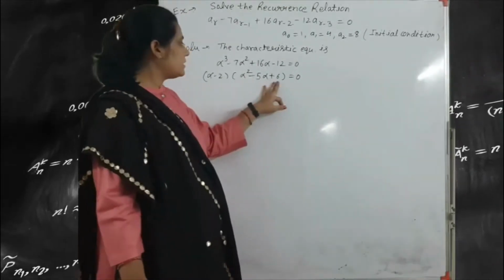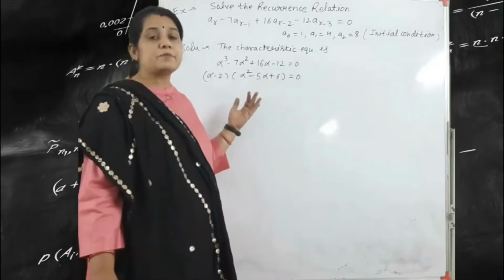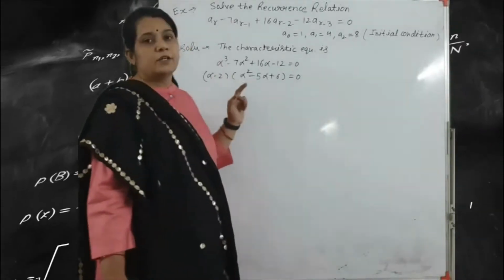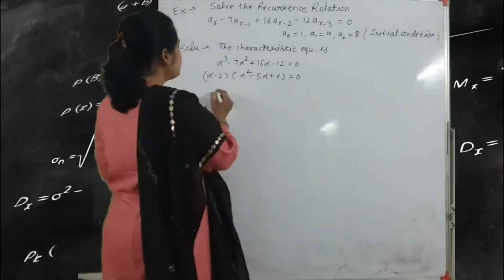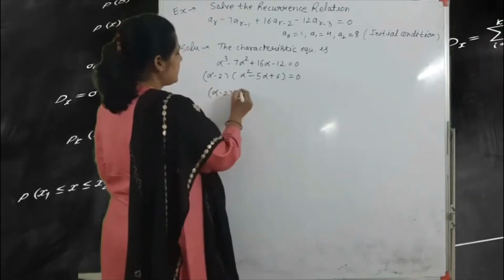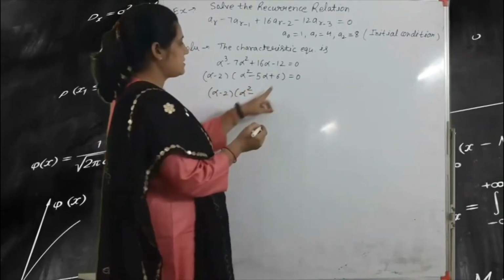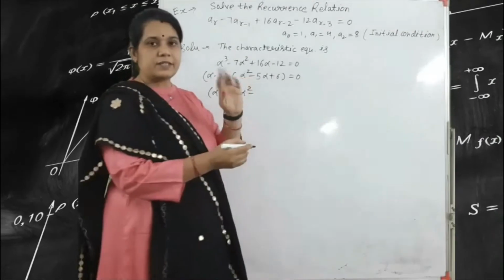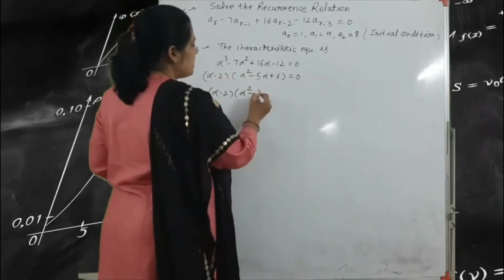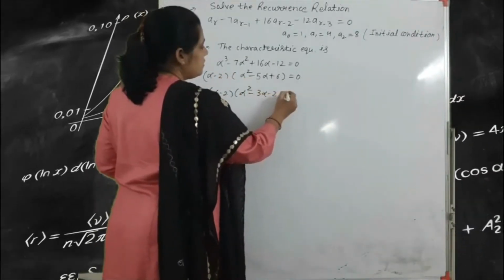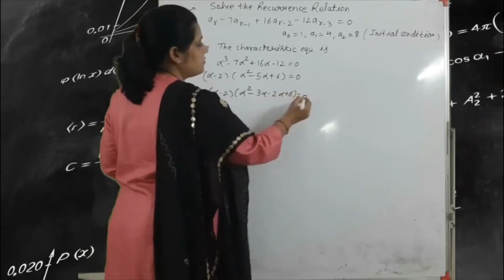So you get this equation, and you have different types of methods for finding the roots. Second factor: alpha square minus 5 alpha plus 6, since 2 times 3 is 6 and 3 plus 2 is equal to 5. So alpha square minus 3 alpha minus 2 alpha plus 6 is equal to 0.